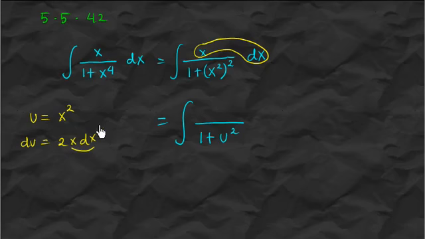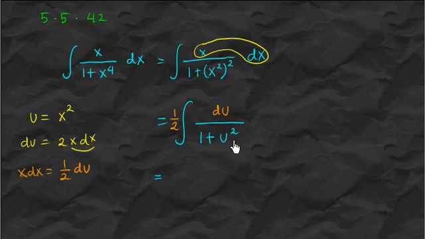Now we can solve for x dx. To solve for x dx, we divide by 2 to get half of du. So replace x dx by half of du. I can put the 1/2 in front of the integral and du on the top. But now we recognize this integral. The antiderivative of 1 over 1 plus u squared is arctangent of u.